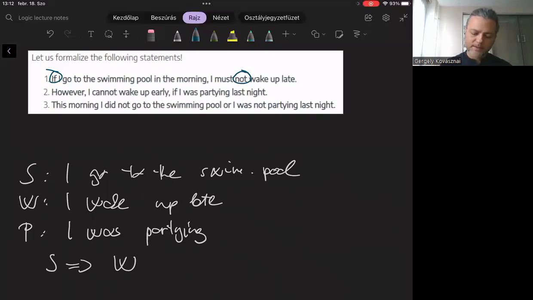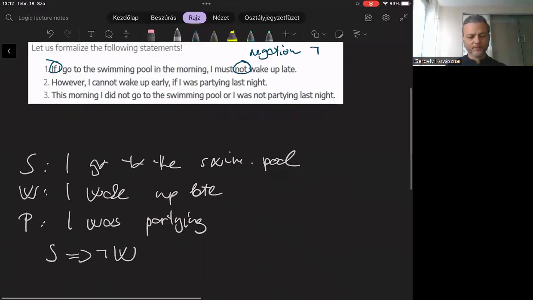So this is a new connective which is called negation, and the notation of negation is this broken line, which I can use now in front of w. So let's read the formula out. It says if I go to the swimming pool, then I don't wake up late.